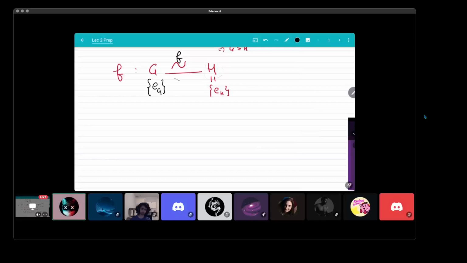But actually the reason, that's a really good question, is how do we know that there exists a subgroup of H? So the proof goes as follows.